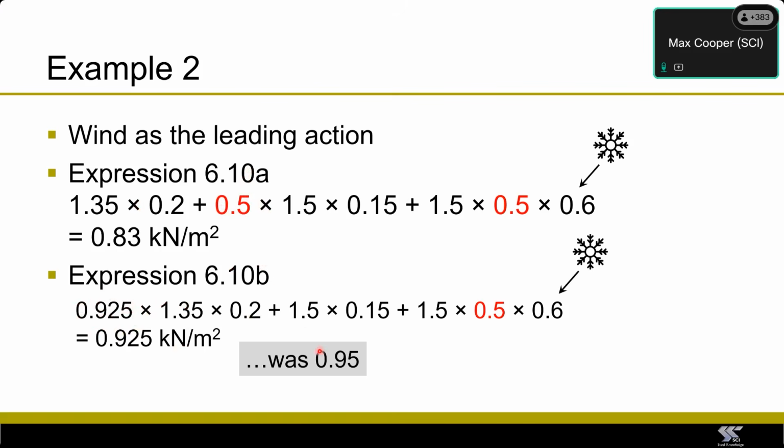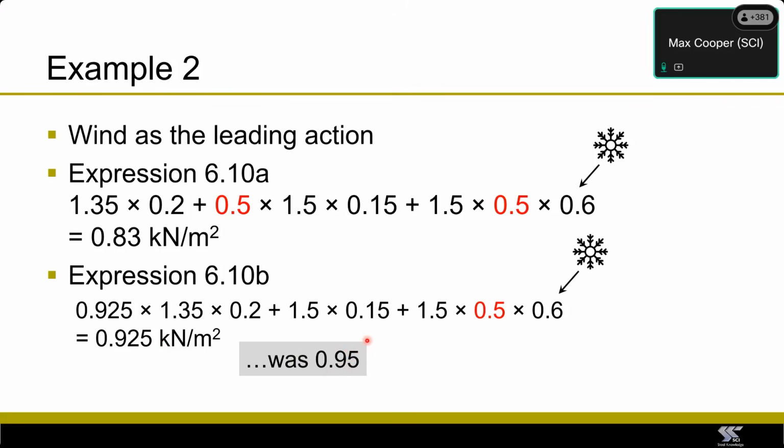So the governing expression of these two would be 6.10b again, and it gives us a value of 0.925, and in the previous example for 6.10 it was 0.95, so a very modest reduction in this example, but we would see greater benefit if we had a high proportion of dead load.